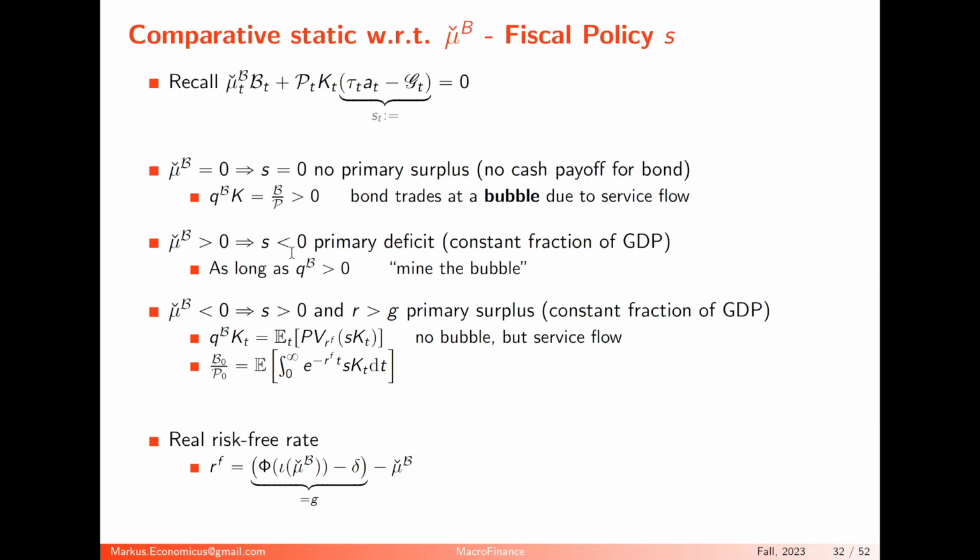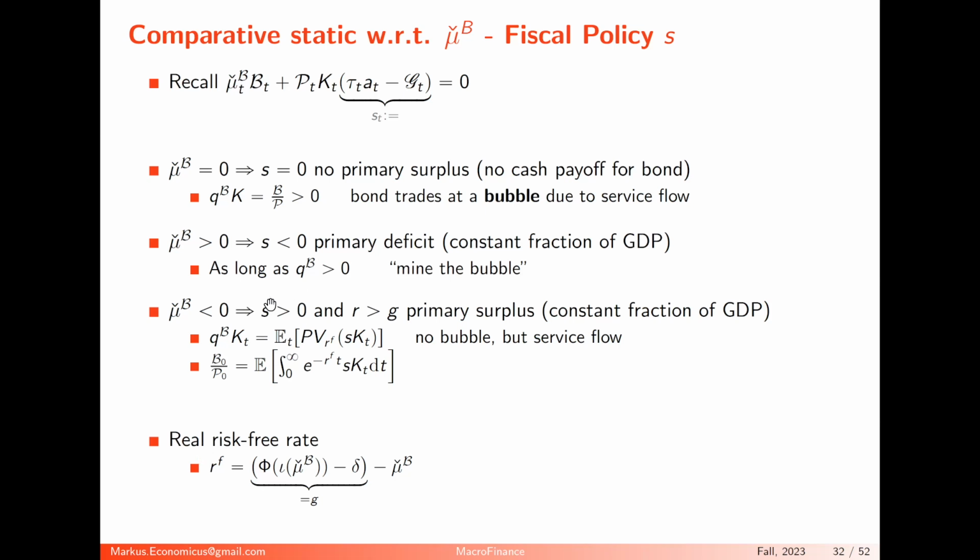So you can run a negative primary surplus all the time. It's like a steady state. I always run a 1% deficit every year forever. It's like a Ponzi scheme. The government can run a Ponzi scheme. Of course, in this case R will be smaller than G, because as you print more bonds, you depress the R. It's an endogenous thing.